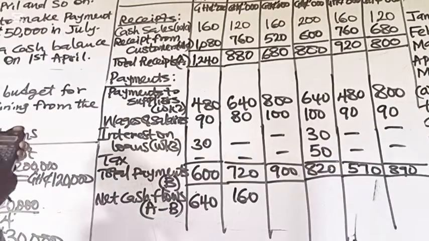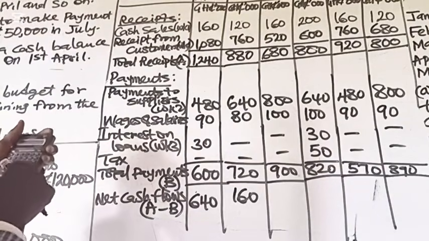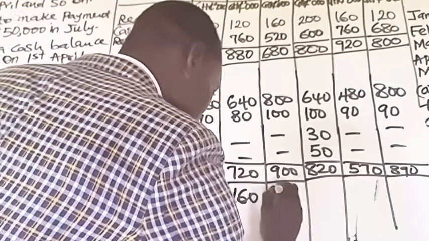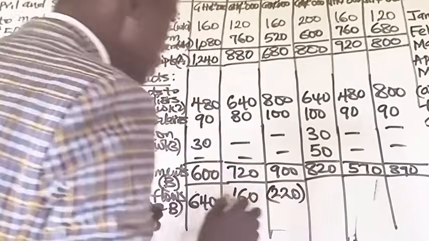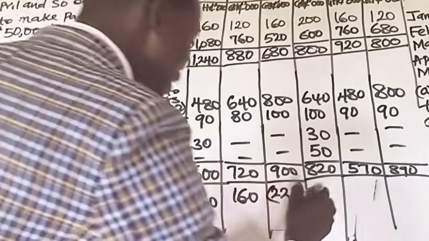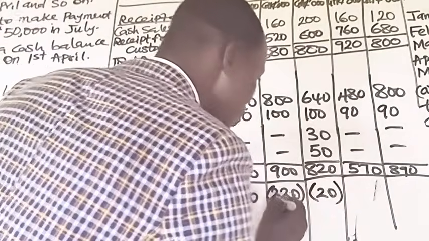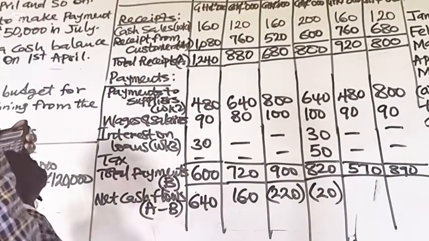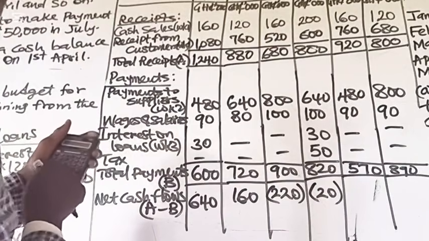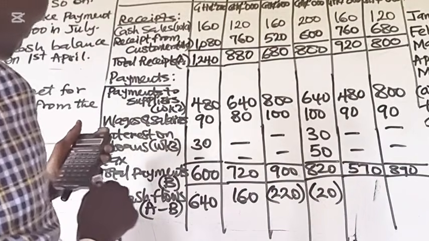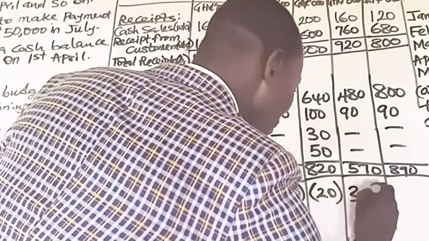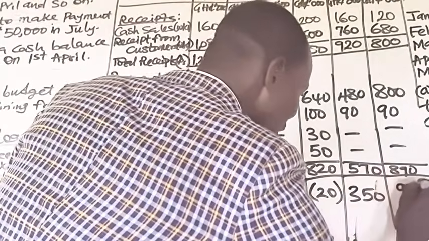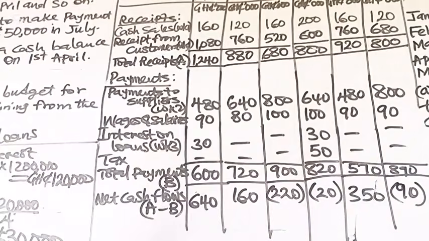Then 680 minus 900, that gives us minus 220. Then 800 minus 820, that is minus 20. 920 minus 570, that gives us 350. Then 800 minus 890, that is minus 90. These are the net cash flows.